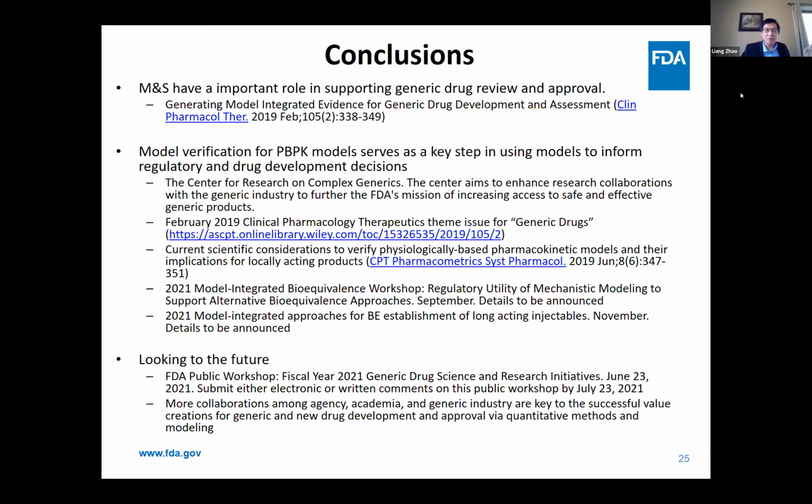So the model is that we collect the user fee, and then we allocate a small portion of the user fee to allow research within FDA. We can also conduct research through collaborations with external experts, through grants or contracts. That's how we are doing it.